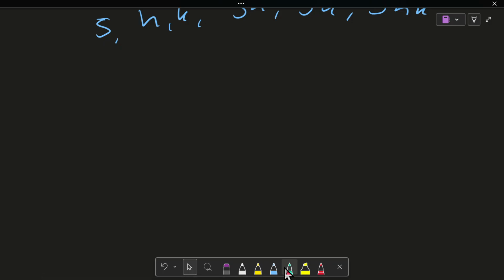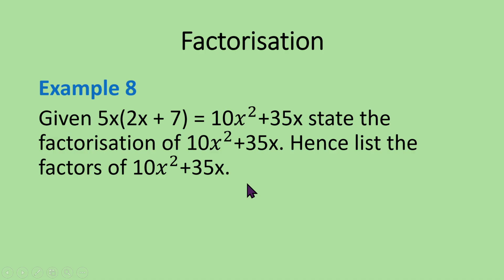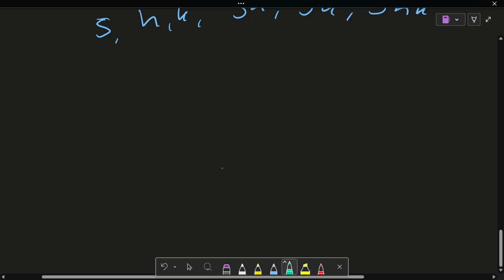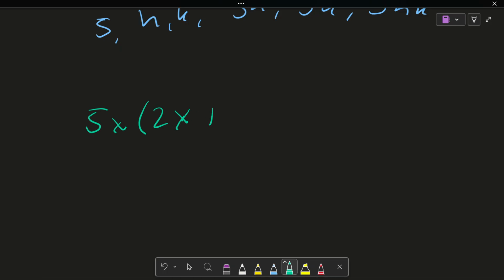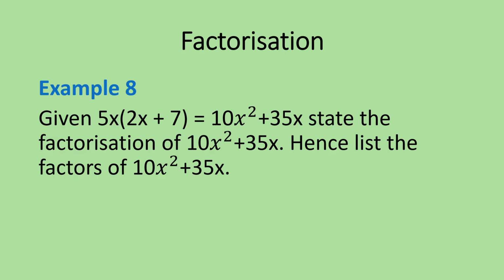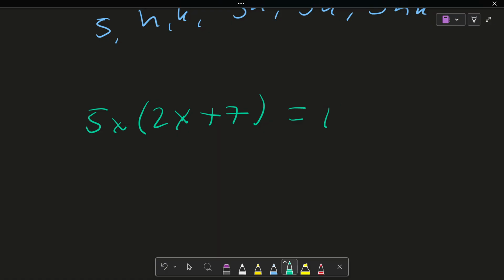So basically we have the equation like this: 5x multiplied by 2x plus 7, which equals 10x squared plus 35x.